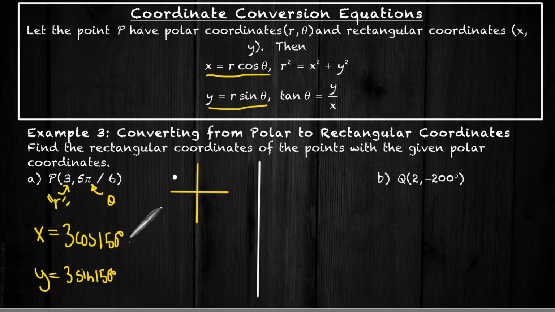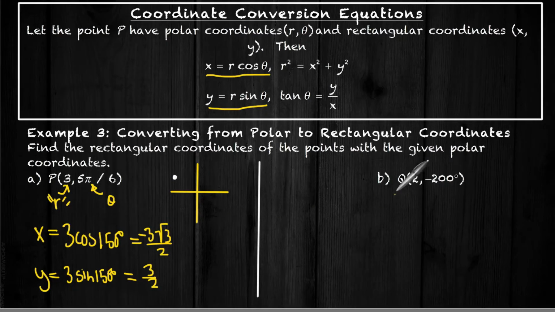And we may remember that the cosine of 150 is negative root 3 over 2. So that's going to be negative 3 root 3 over 2. And the sine of 150 is simply going to be 1/2. So that's going to be 3 over 2. And we see that that looks pretty consistent. We're going left a certain amount, that's your x, and you're going up a certain amount.